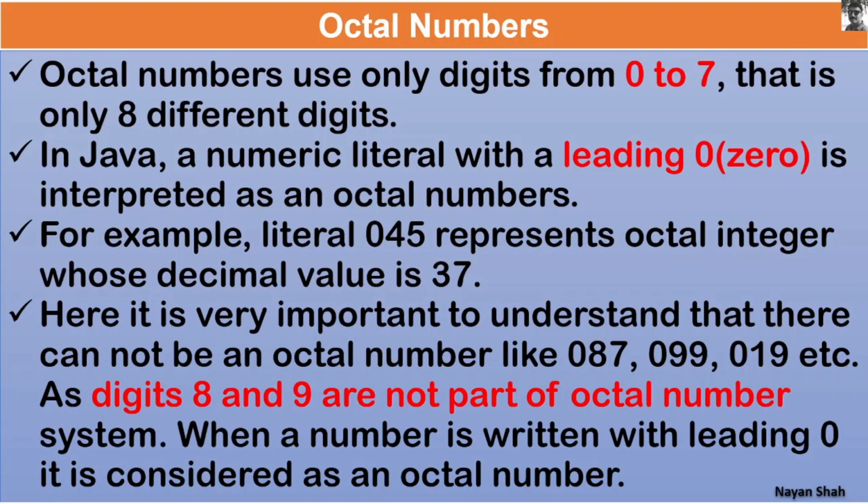Because when you precede any number with 0, the Java compiler understands that number as an octal number. And once it treats it as octal, there cannot be 8 or 9. And that is why all these three are invalid numbers: 087, 099, 019. All these numbers are invalid, as digits 8 and 9 are not part of octal number system. When a number is written with a leading 0, remember it is considered an octal number.